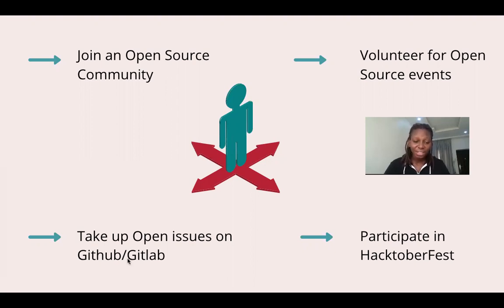Fixing the code base is also a way of contributing to open source. So if you're a developer, technical writer or designer, there are various issues: there are documentation issues, design issues, and also technical code-related issues. So whichever issue it is, you can just take it up on GitHub.